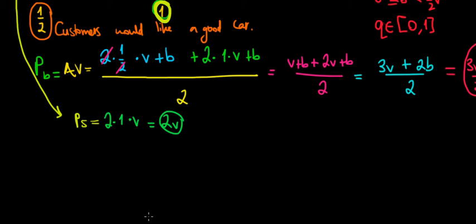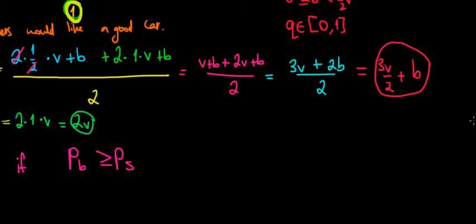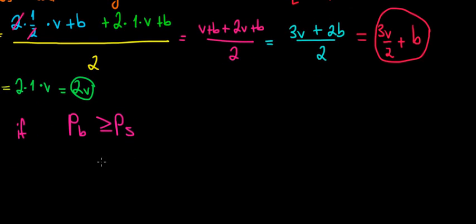If we know the price that the buyer is willing to pay, we know that we trade cars if the price that the buyers are willing to pay is at least the same as the price of the seller, so if the willingness to pay compensates the seller's willingness to sell. What is the price of the buyer in this case? We found it over here: 3V/2 plus B. So 3V/2 plus B must be greater than or equal to 2V.